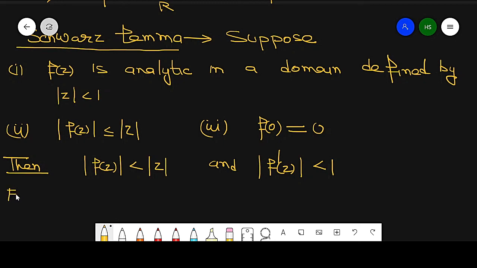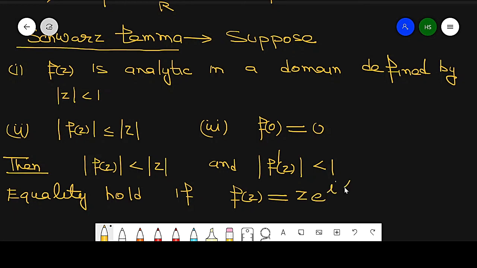Equality holds if f of z is equal to z e raised to power iota alpha, where alpha is a real constant.